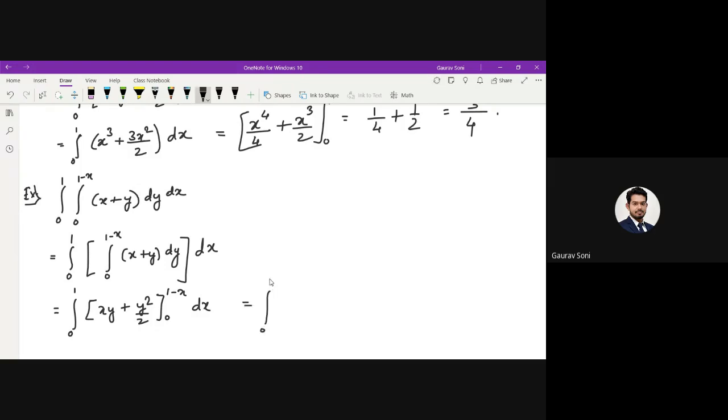Then integration 0 to 1. Put the limits. These are the limits for y. So that will be x into 1 minus x plus 1 minus x whole square divided by 2. This is dx.